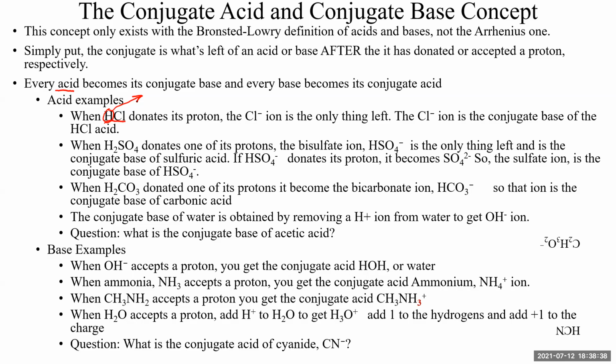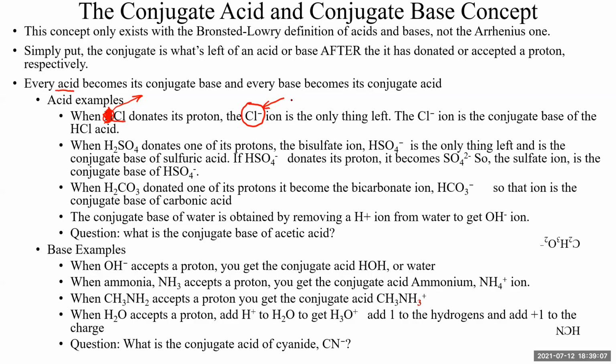What's left after hydrochloric acid donates away its hydrogen is simply the chloride ion, which isn't much of an acid at all. It's more like just a simple ion. Nevertheless, this is called the conjugate base. In this context, we don't just refer to the chloride ion as a simple atomic ion, but we refer to it in the context of acids and bases.